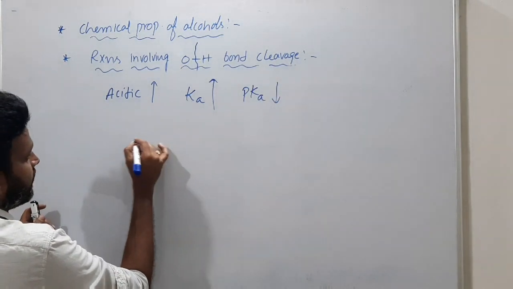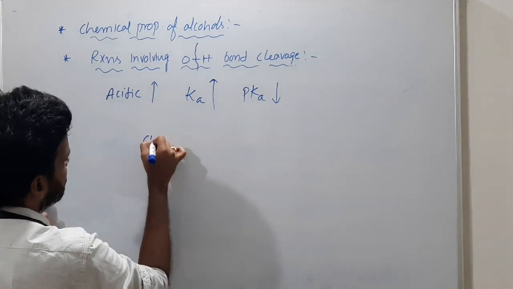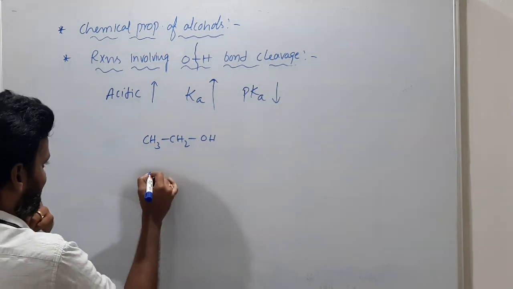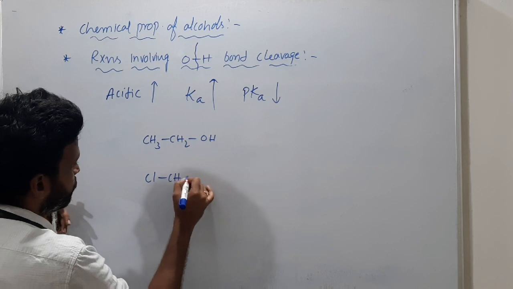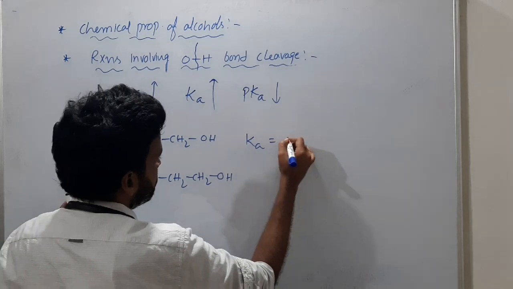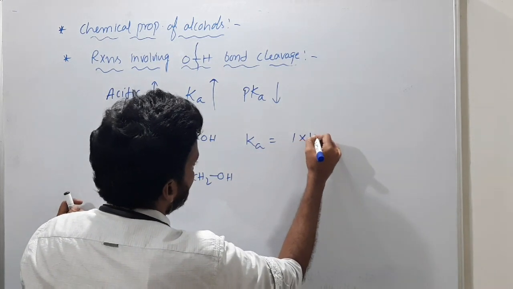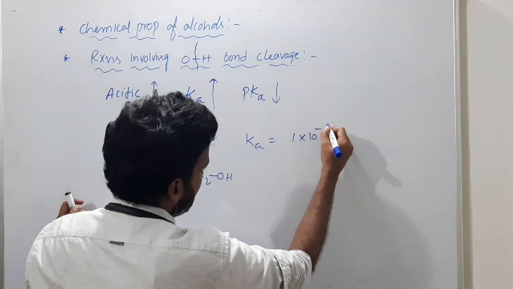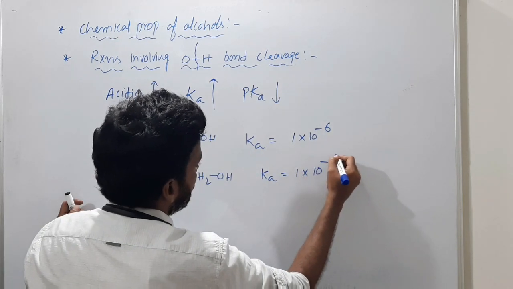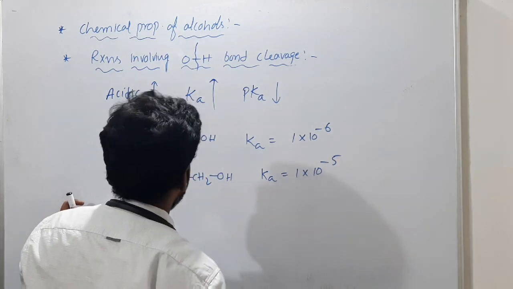Take two acids, like ethanol, CH3CH2OH, and ClCH2CH2OH. The Ka value is 1 into 10 power minus 6 here, and here the Ka value is 1 into 10 power minus 5 something, with chlorine.